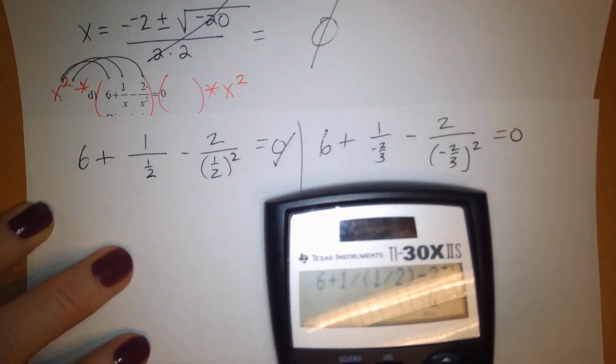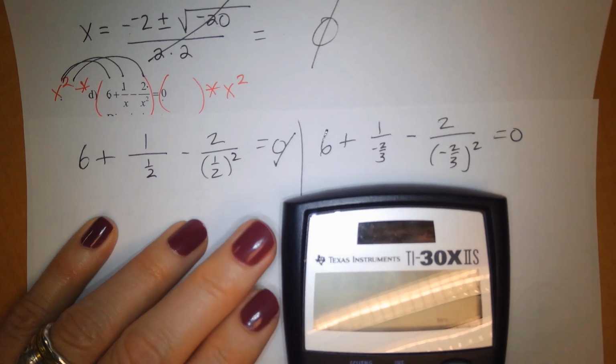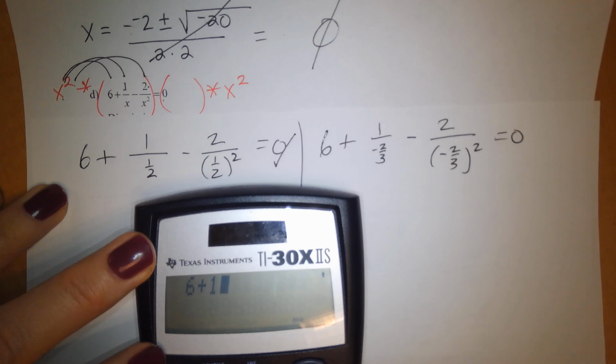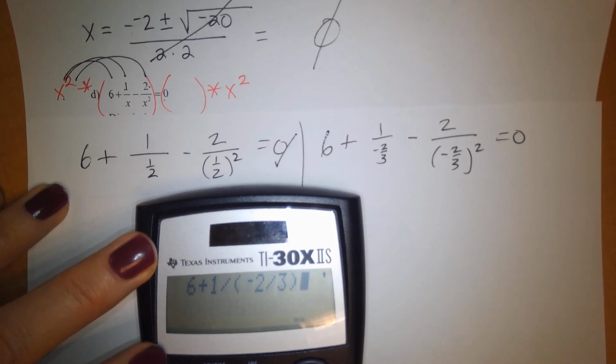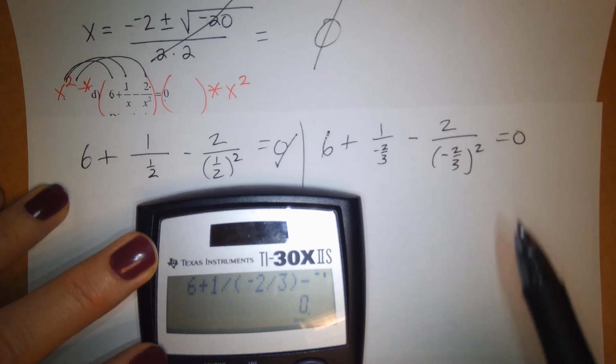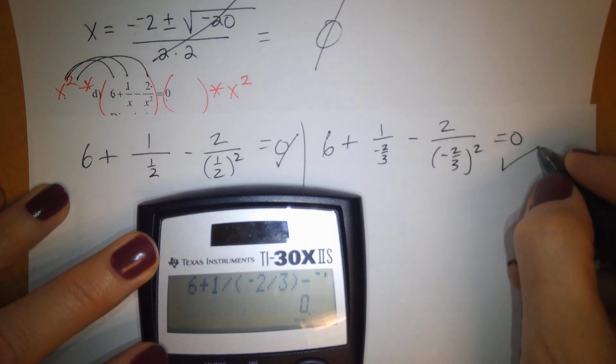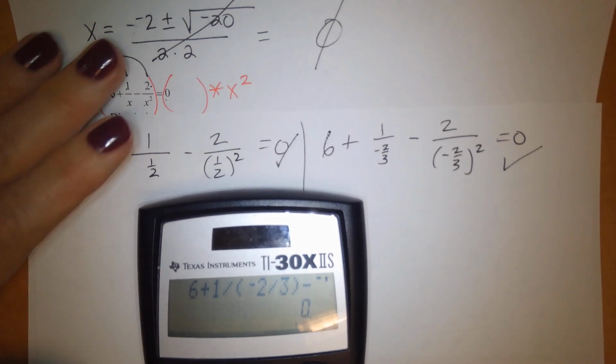Let's check this one over here. So I have 6 plus 1 divided by -2/3 minus 2 divided by -2/3 squared equals, and again, you get 0. So both of those answers do in fact check out.